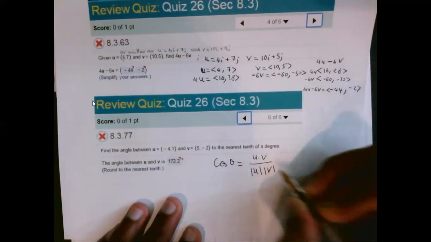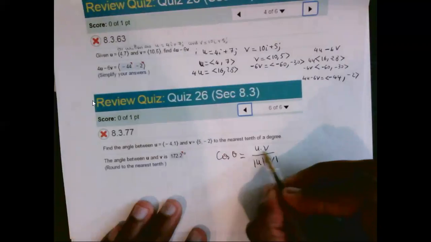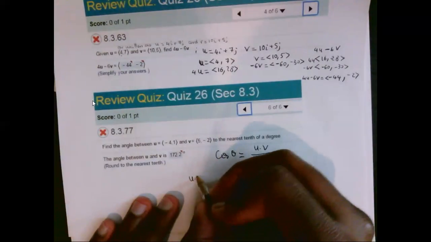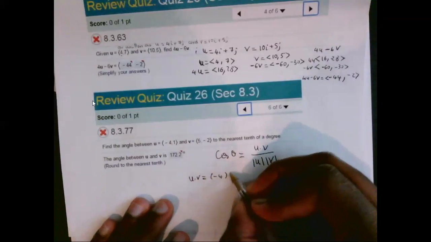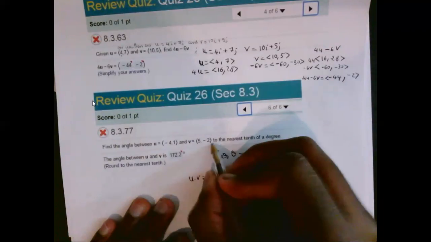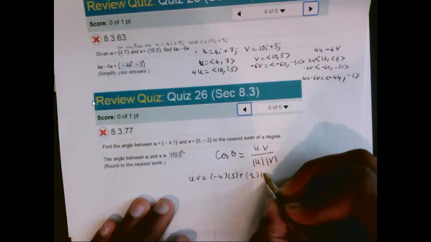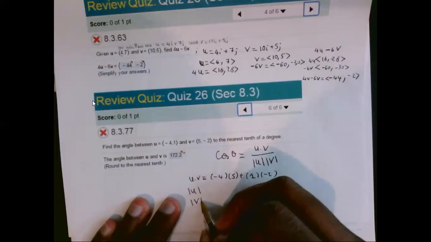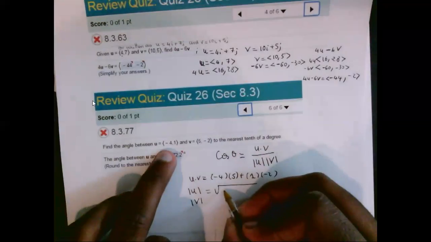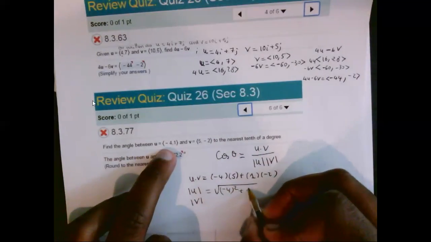So you need to find the dot product of u and v: you multiply the first components together plus the second components multiplied together. You find the answer, and then you find the norm of u and the norm of v. The norm of u is the square of each component added together, and the same for the norm of v.